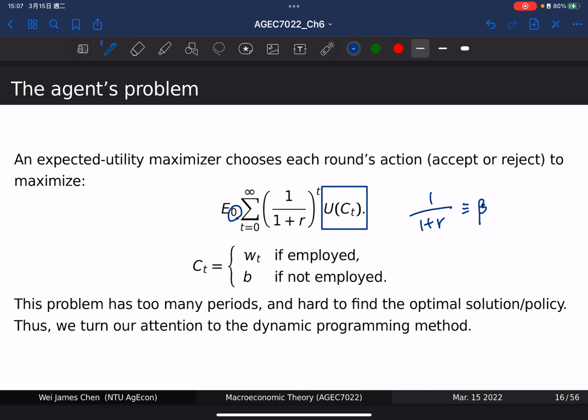But when people were developing this model, computers were not that advanced, and that approach actually makes the problem more complicated. So to find the optimal policy or solution, we want to use a technique called dynamic programming.